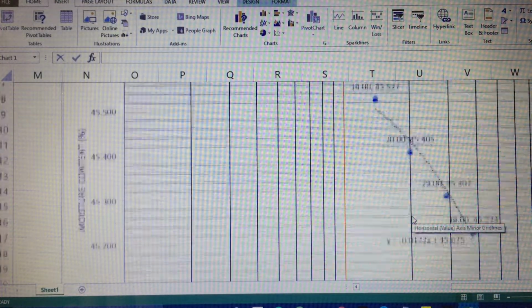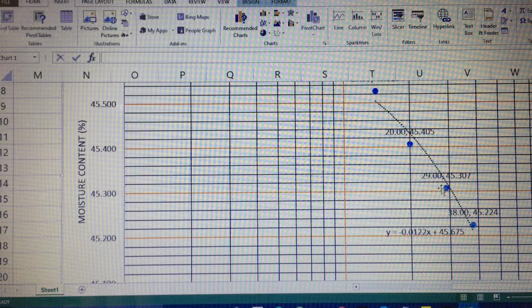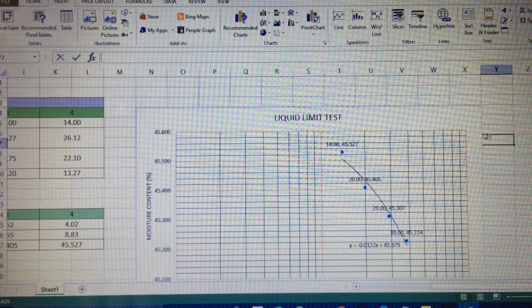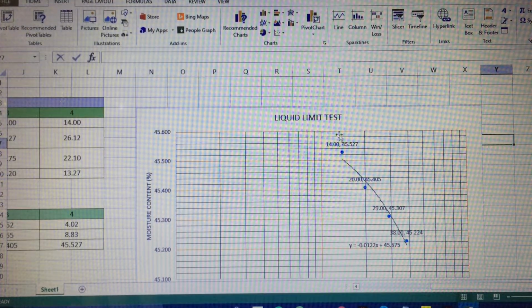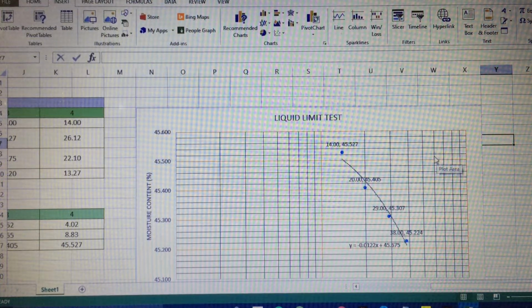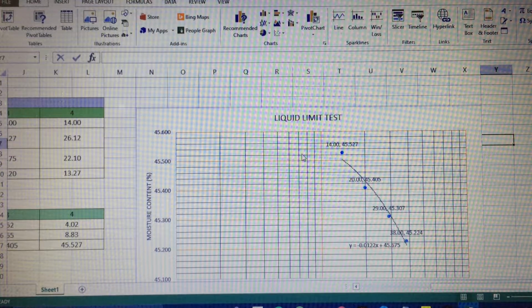And at 20 blows, 45.405, and so on. And sa paggawa ko ng graph, itong orange lines na horizontal and vertical, yan yung mga major grid lines. While the navy blue ones, di masyadong malinaw, pero itong mga navy blue lines na vertical and horizontal, that's the minor grid lines.